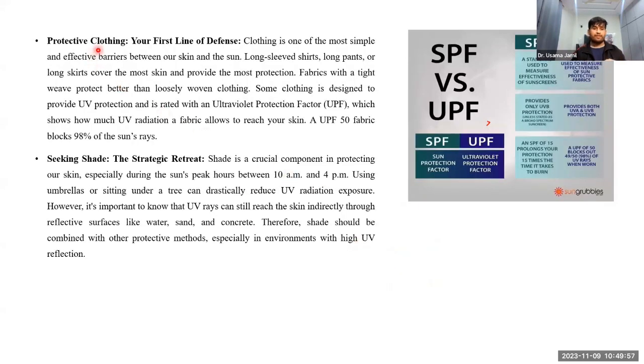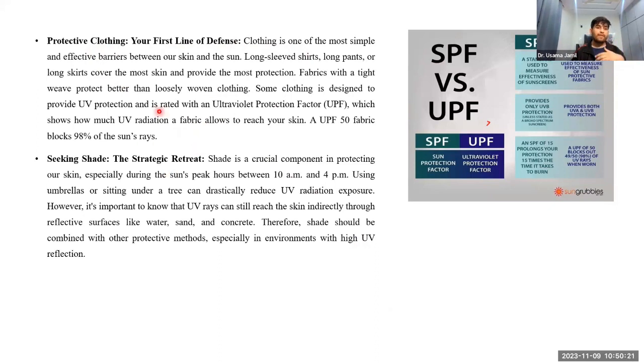The next one is protective clothing, your first line of defense. If you are going out in the midday, you shouldn't be wearing too-short clothes or being too exposed to the sunlight. If you're working in a high UV exposure, you shouldn't be without your personal protective equipment or your proper apron.